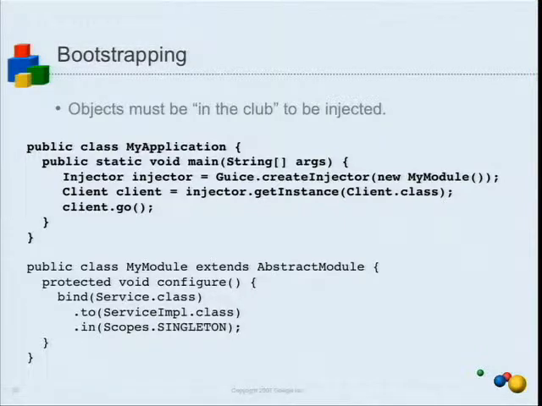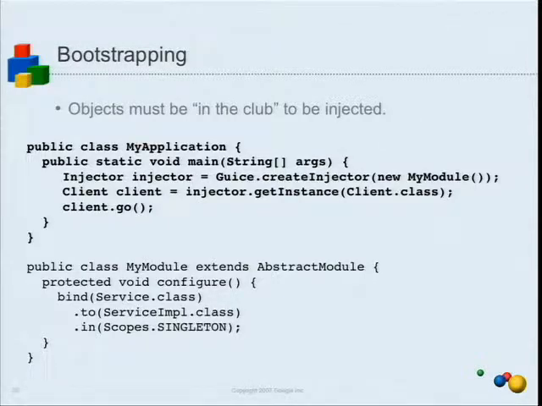If this was a web application and you liked to have direct control of your servlet container, you might have Guice create your servlet container and then call start on your servlet container here. There's also ways to wire up web applications that are a little more, you can just kind of drop them in and use them.